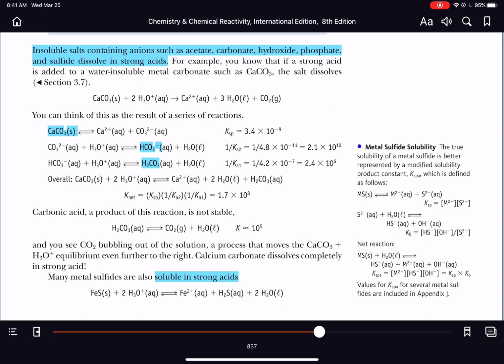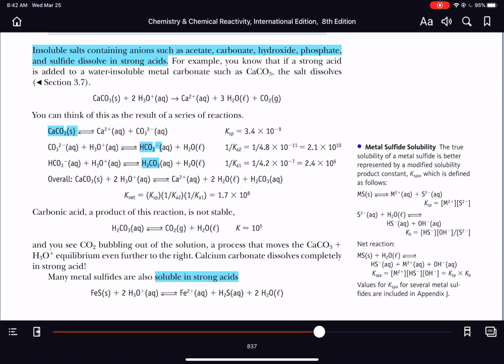And when you look at their equilibrium constants, and when you look these up, they're in the chart in the reverse, so you've got to take the reciprocal of the Ka. You'll notice that these equilibrium constants are quite high. 2.1 times 10 to the 10th, or we could say 21 billion, and then the other one is 2.4 million.